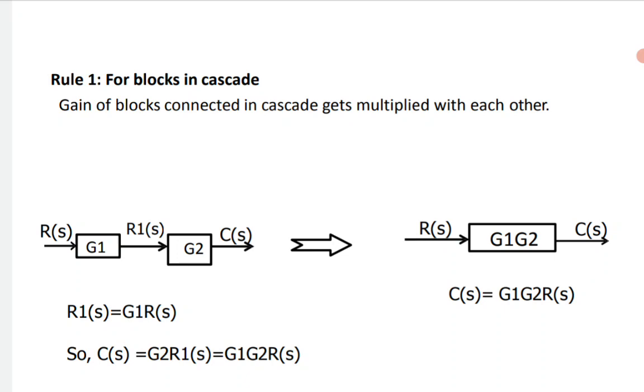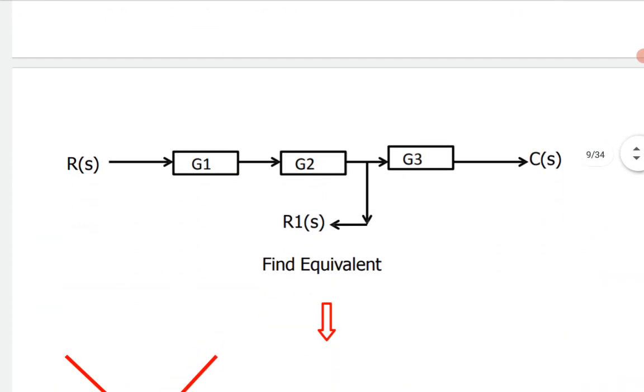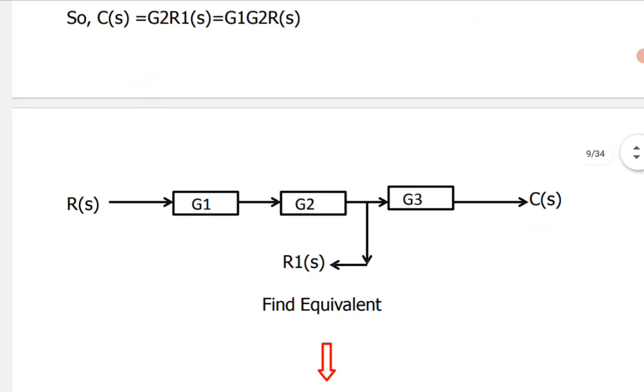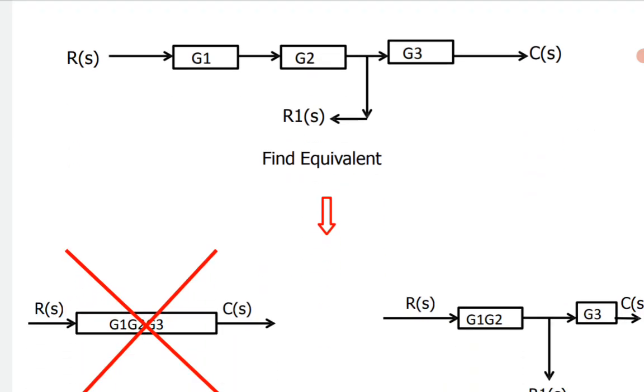So C of s will be G1, G2, up to Gn, the product of n gains, multiplied with R of s. Okay. Now here see, if I am showing this diagram, I purposely made a mistake for your understanding.